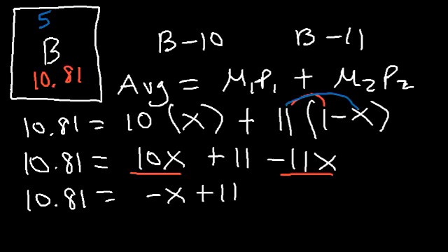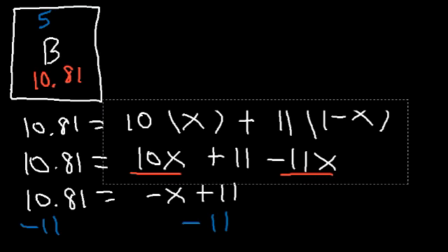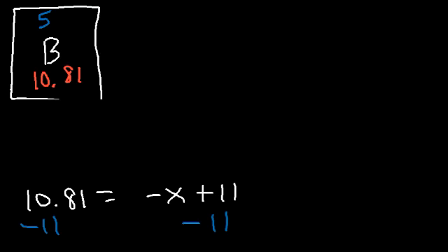And now at this point, we need to subtract both sides by 11. And now let's make some space. 10.81 minus 11 is negative 0.19.